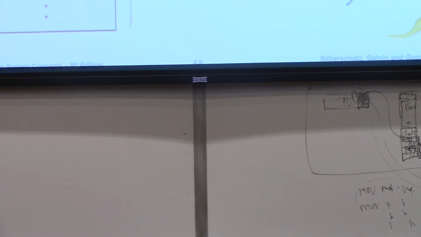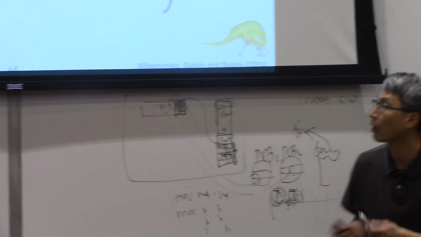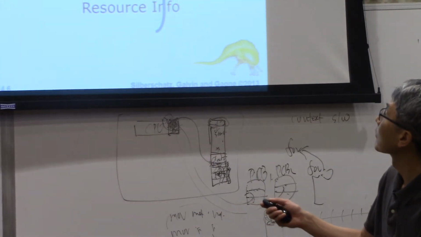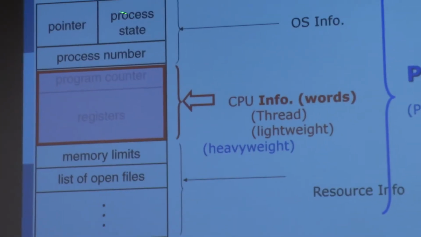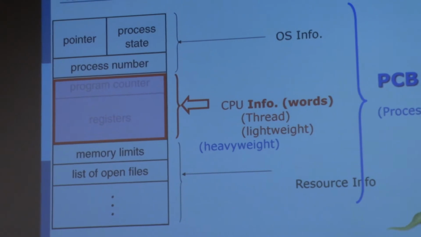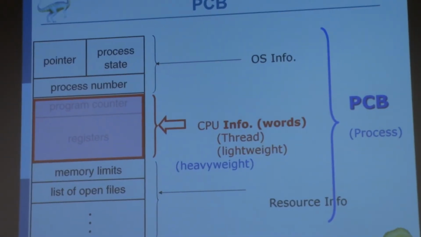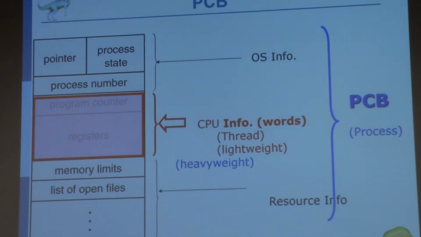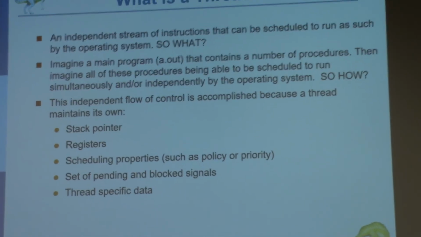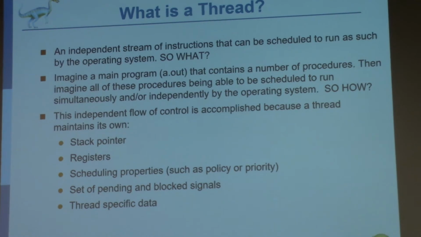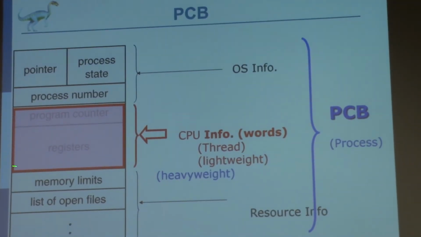So in terms of the PCB, because the PCB keeps all the information about the process, like the process pointer, the process state, and the process number, these are identical for each process, so we can share. However, the program counter, the PC, and the register information, this kind of thread-specific information, we create only this part.